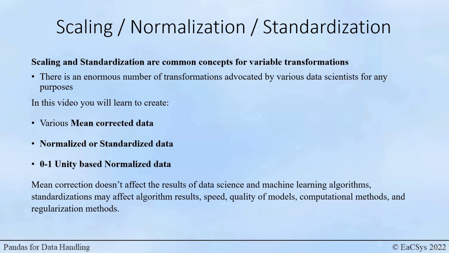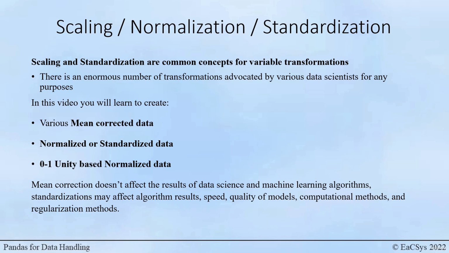And we should say that mean correction doesn't affect the results of data science and machine learning algorithms, whereas standardization of the other types may affect results, speed of the algorithm, the quality of the models, the computational methods, and also regularization methods.